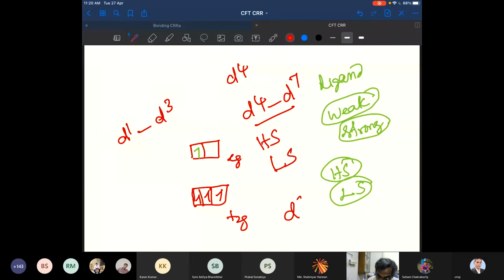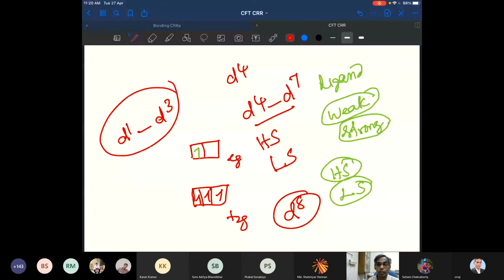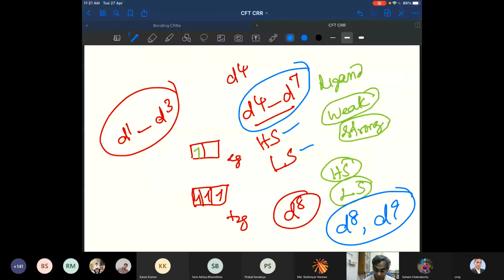When you go to d8, we don't talk about the spin at all, because it already has 8 electrons, so there is no possibility for high spin and low spin. I hope you are getting it. For d1 to d3, there is only one configuration. From d4 to d7, we can have a high spin or a low spin. Again, for d8 and d9, we don't classify them as high spin or low spin complexes at all.